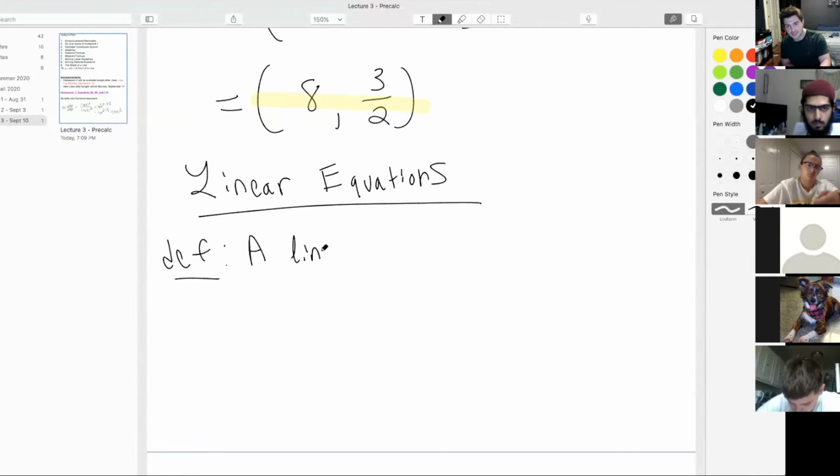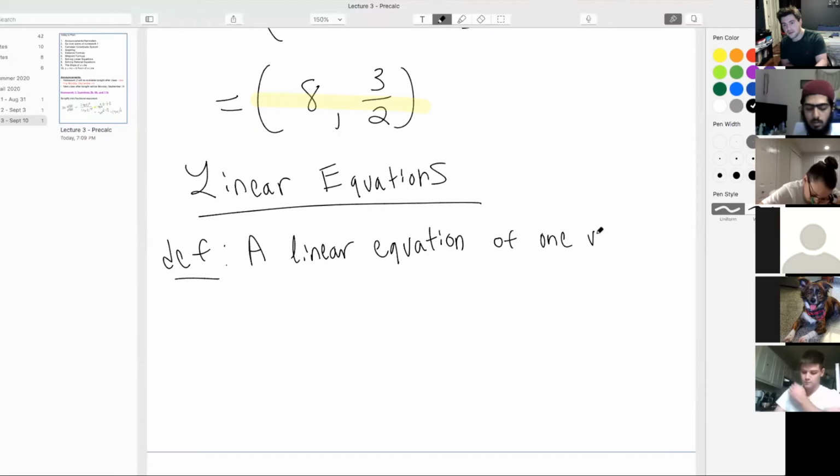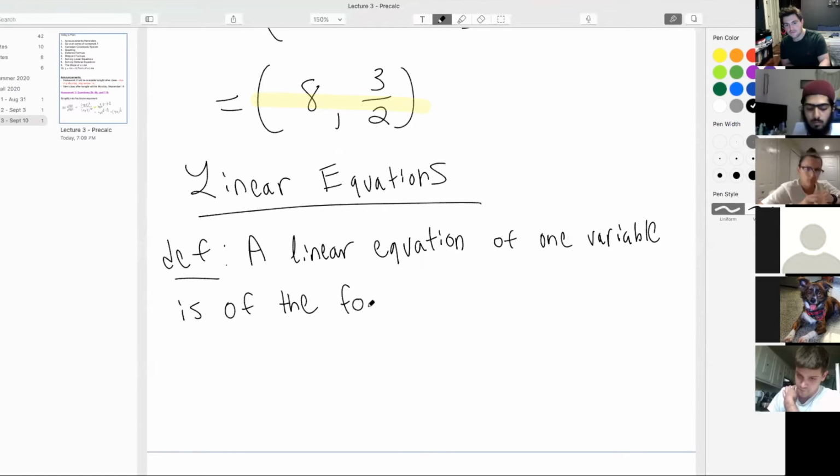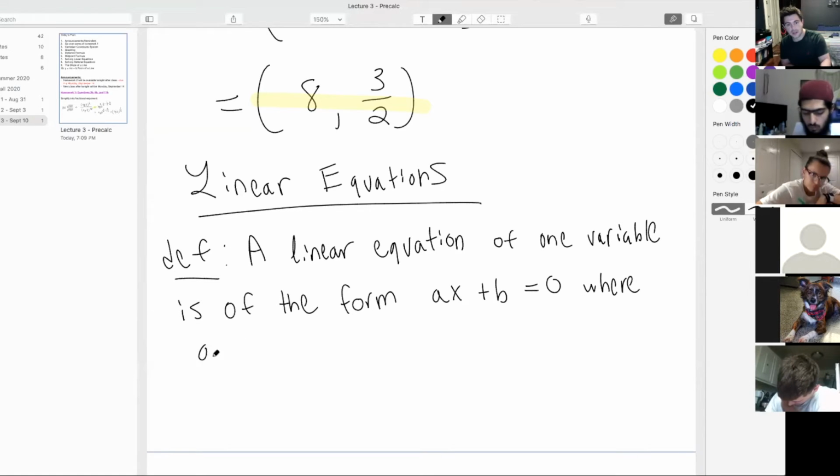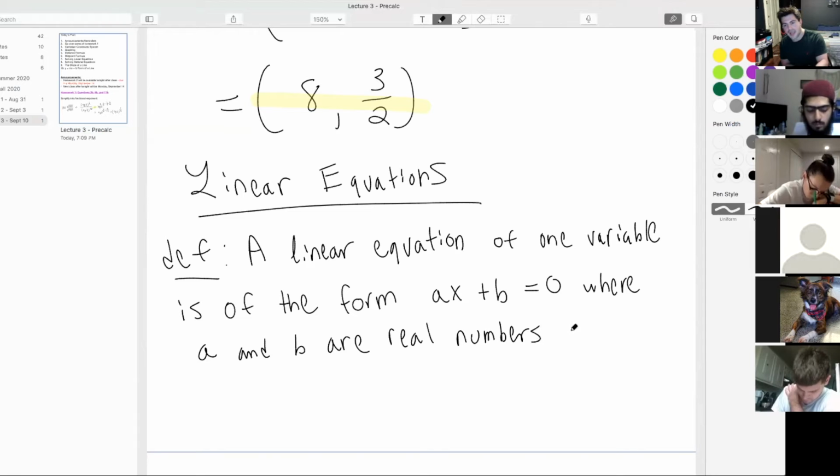A linear equation of one variable is of the form ax plus b equals 0, where a and b are real numbers, and we need to stipulate that a is not 0.